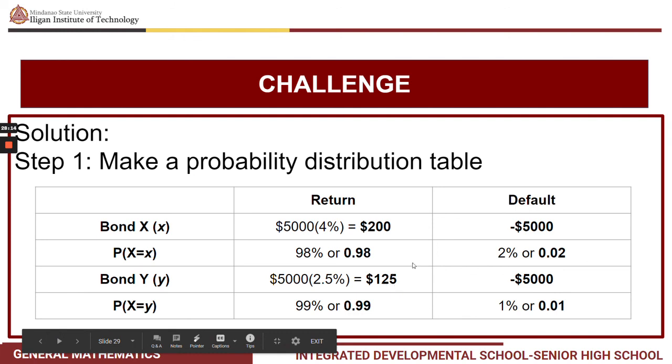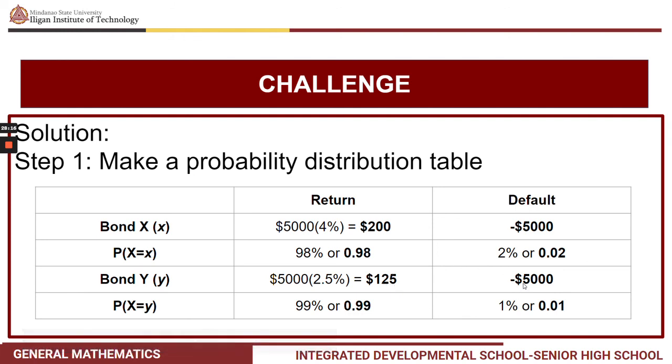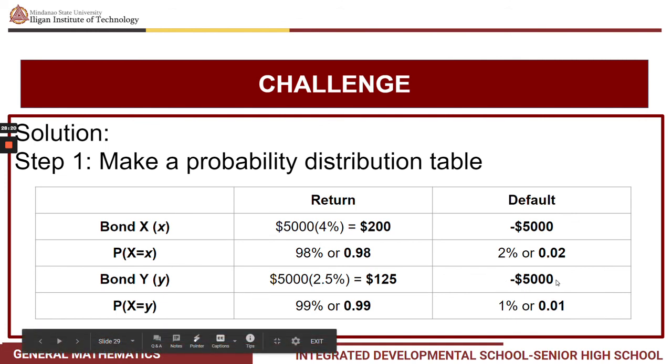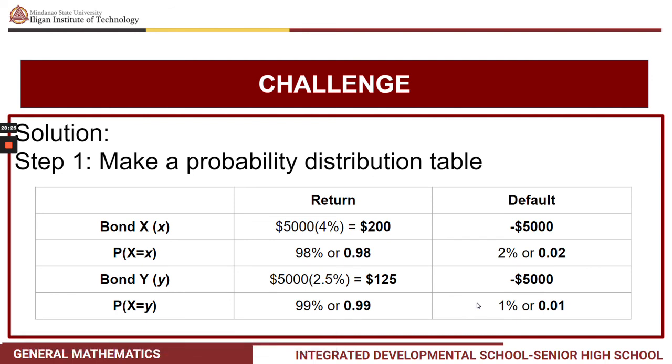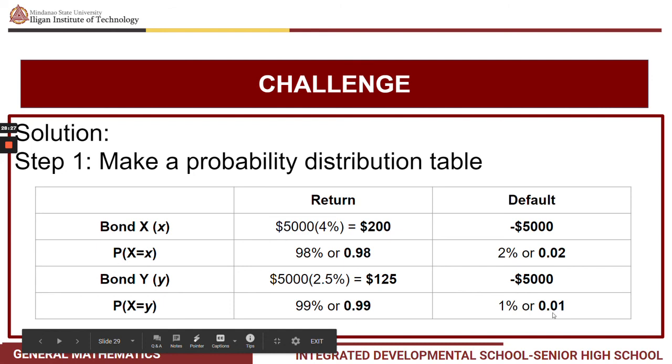Kapag na-default naman, nawalan ka ng $5,000. Given naman na default rate doon sa bond Y is 1% or 0.01. So, ibig sabihin, 0.99 or 99% yung probability na hindi mawala yung investment mo.